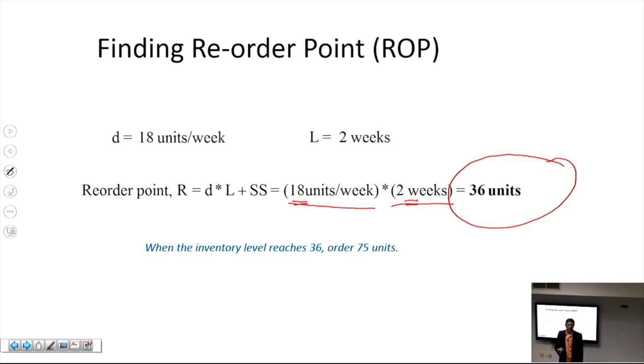That is the reorder point, all right? And this is the formula given to you on your formula sheet. Now this term will start appearing later. This is safety stock, but at the moment we are assuming that the demand and lead time are constant. So at the moment safety stock is 0. So that's how you find a reorder point.